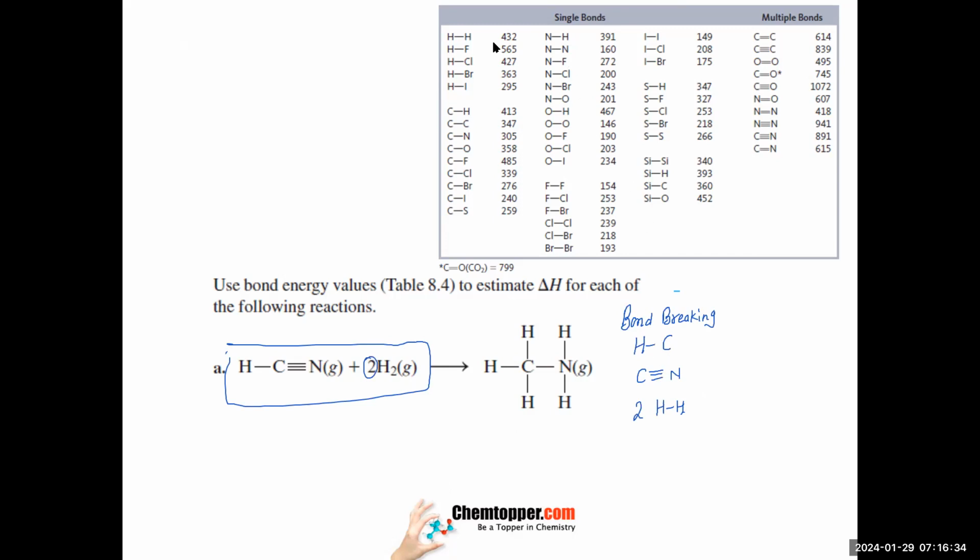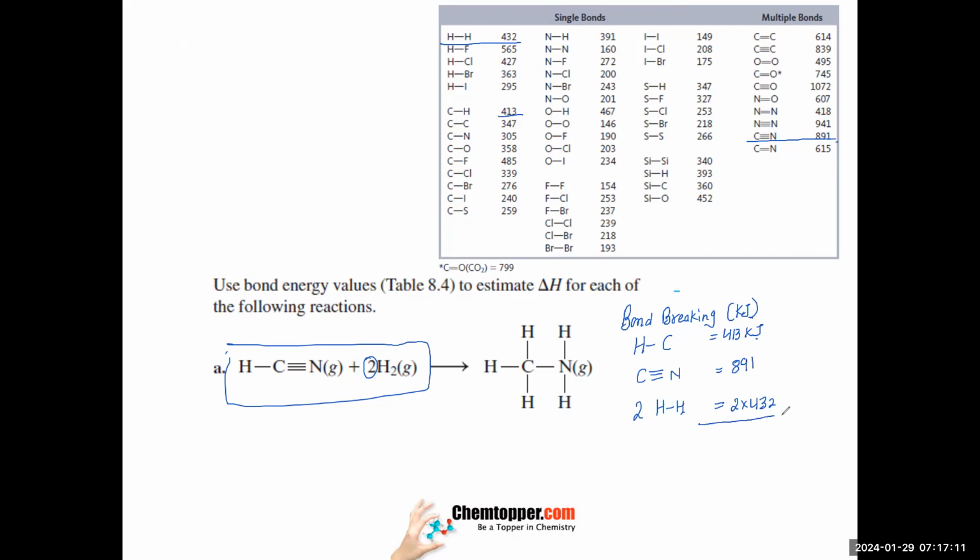Pick up their values from the table. Hydrogen, hydrogen is here. 2 times 432. This is in kilojoules. Carbon, hydrogen is here, 413 kilojoules. C triple bond N, triple bonds are here. Kilojoules, right?